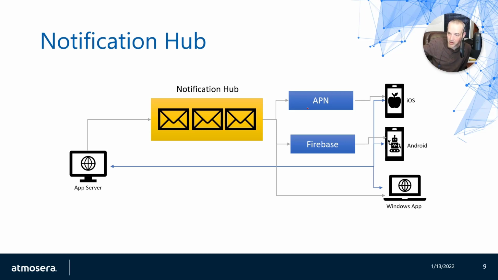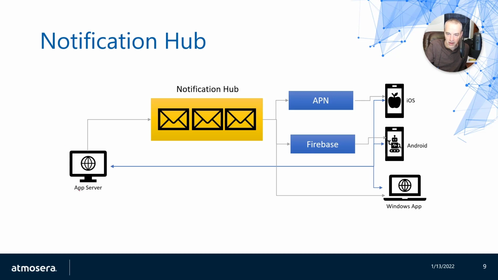So iOS has theirs, Android has theirs, etc. But Notification Hub allows you to have a single point to send a message to, and then it will interface with APN and Firebase and all these other ones, and forward those messages on to those providers, and then the providers will ultimately send that on to the actual mobile app, or the device really, and then the device can respond appropriately to those push notifications that are coming from a Notification Hub.